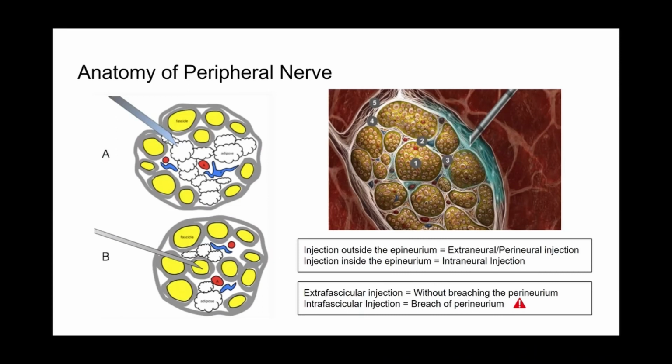If you inject inside this perineural space, the local anesthetic can actually diffuse into the epineurium and give its effect.